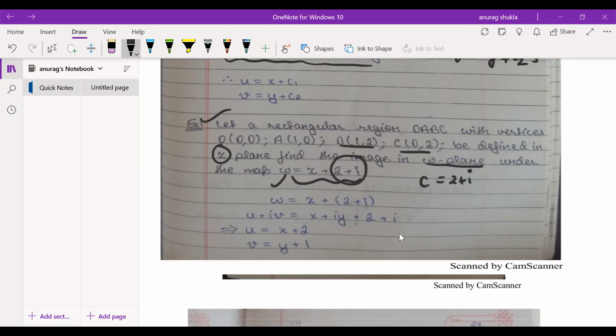Now we know that w is equal to u plus iv and z is equal to x plus iy. Collecting the real and imaginary parts, you get the relation between u and v with x and y. So u is equal to x plus 2 and v is equal to y plus 1.